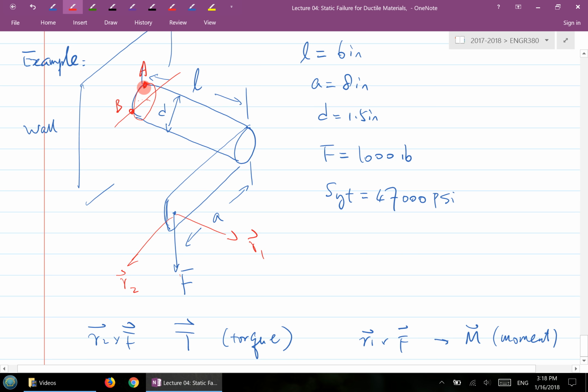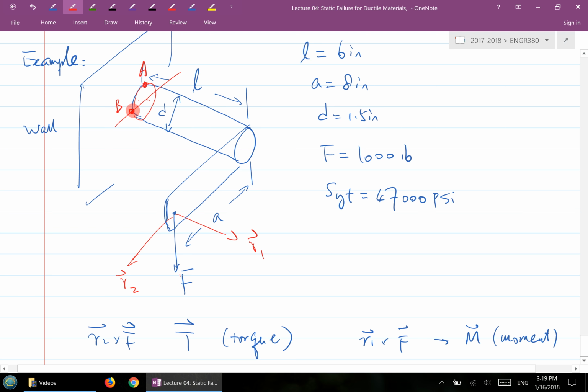What's the difference between the A location and the B location? When we do the stress analysis, A always has the maximum bending normal stress, and B always has the maximum shear stress. That's why we pick just the A and B locations for the analysis.